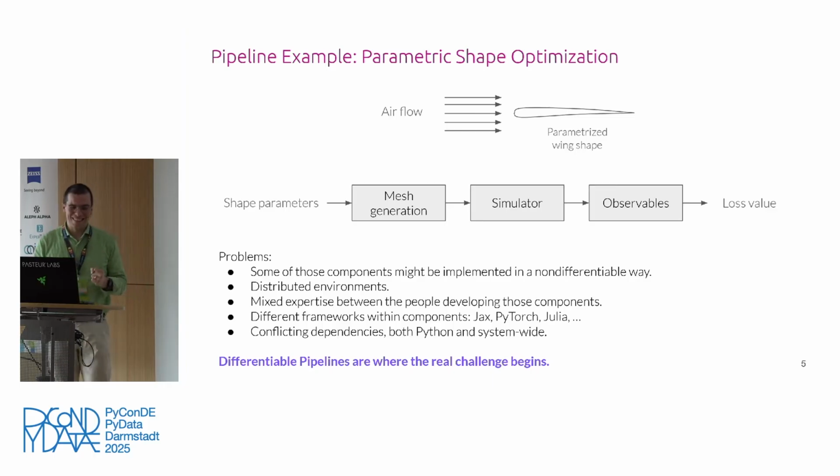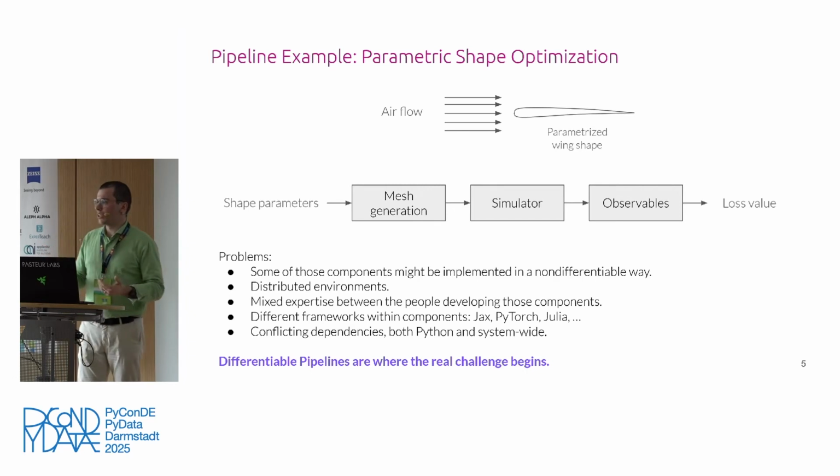So first of all, some of these components might not be implemented in a differentiable way. The most typical thing that we see is, for instance, that the simulator is not a component that you might want to write on your own with JAX. Maybe you're doing computational fluid dynamics, and you want to use some off-the-shelf solver, and you get what you get, a black box solver that doesn't expose derivatives.